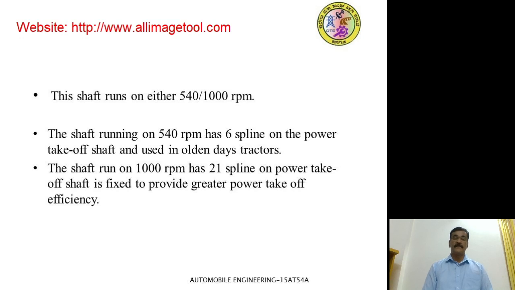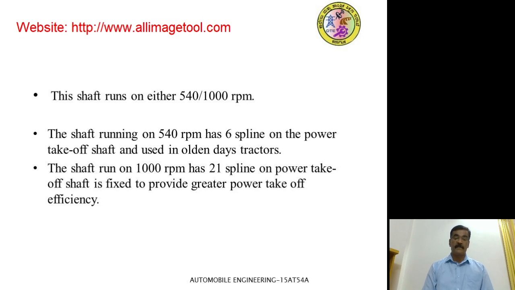This shaft runs on either 540 or 1000 RPM. The shaft running on 540 RPM has 6 splines on the power takeoff shaft and was used in olden days tractors.